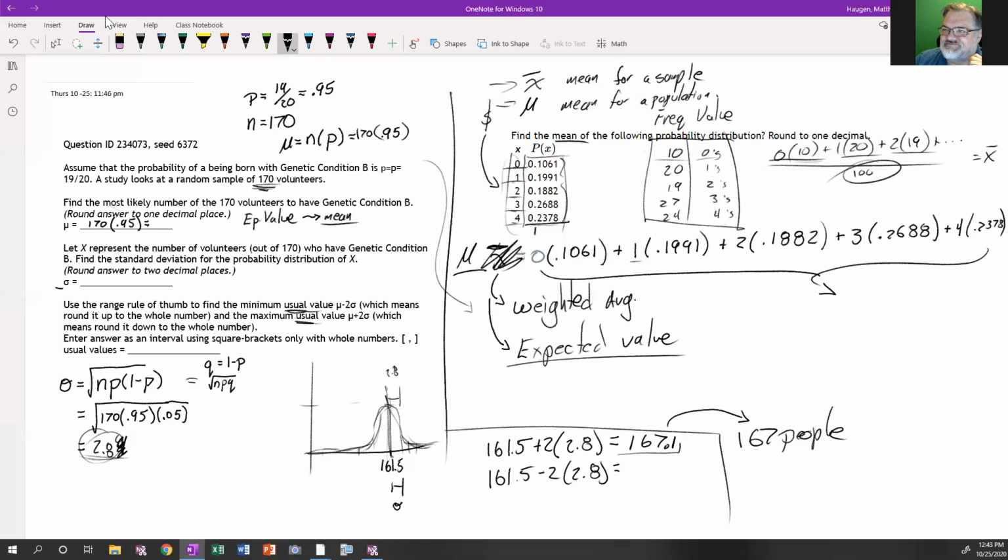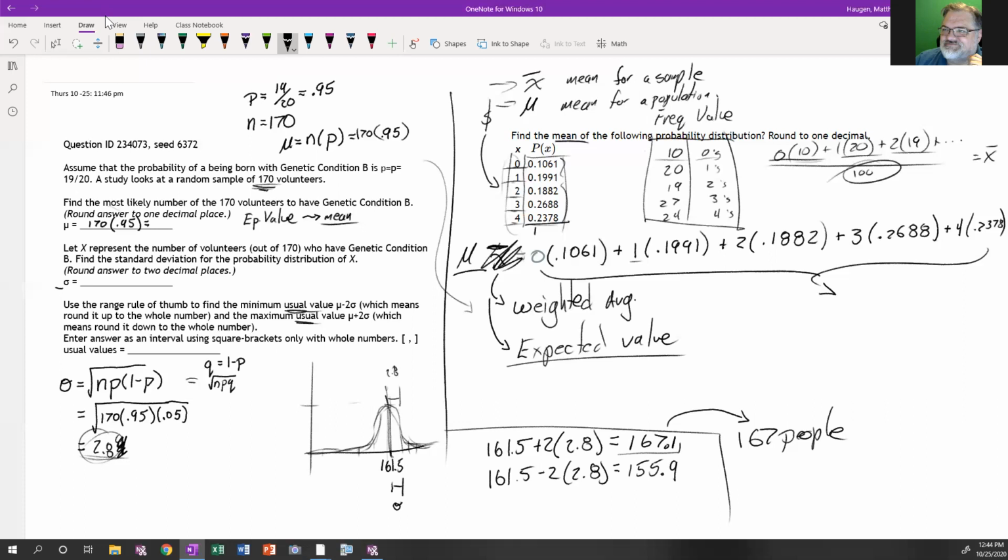For the lower bound, the 161.5 minus 2 times 2.8, again, this is 2 standard deviations below the mean, is 155.9. So again, is 155 people unusual? 155 is lower than that, so that would be considered unusual.